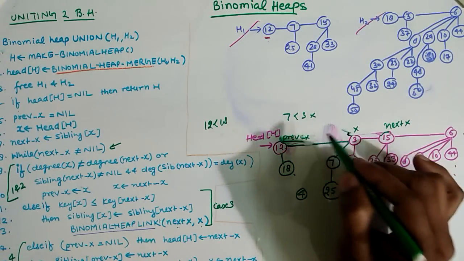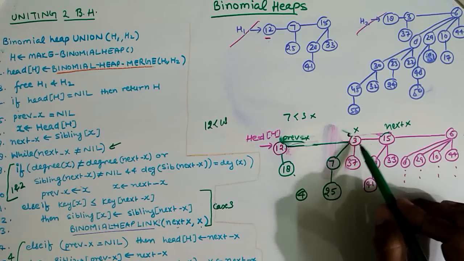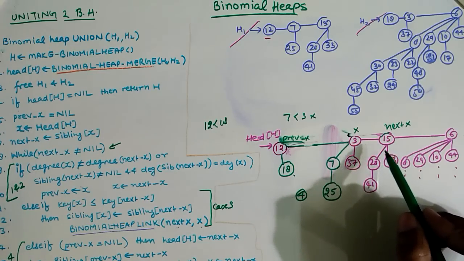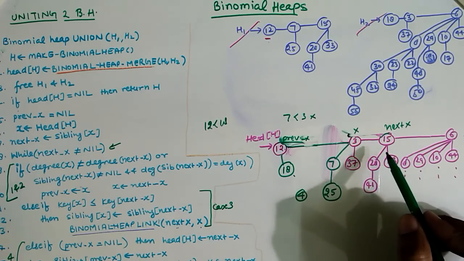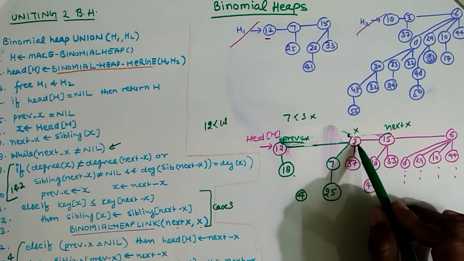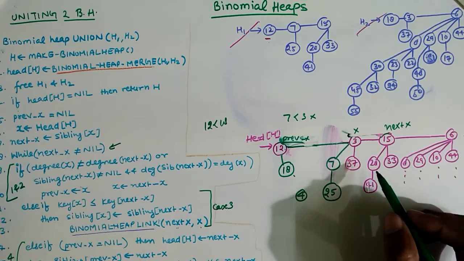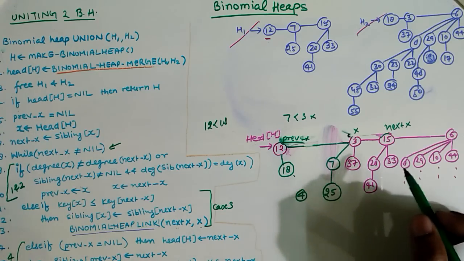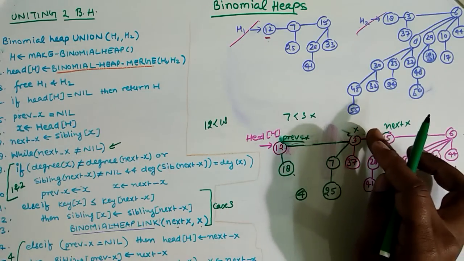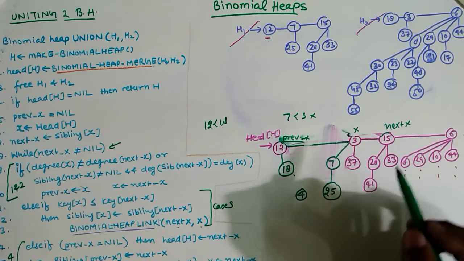Now check whether degree of x is equal to degree of next of x. Yes, it is equal. Because it is less than the key information, case 3 will be applied. So again, this whole tree is removed from here, and it becomes a child of this one.